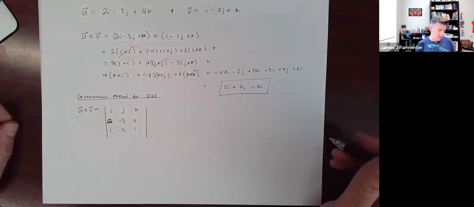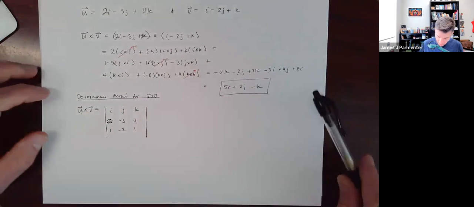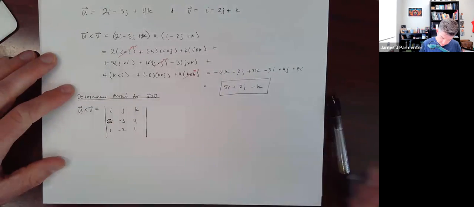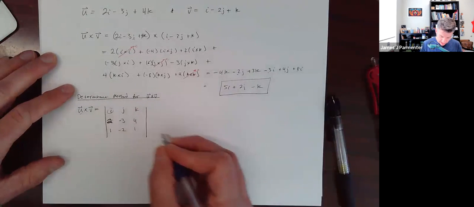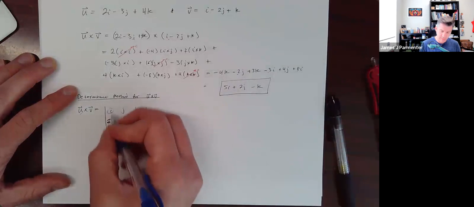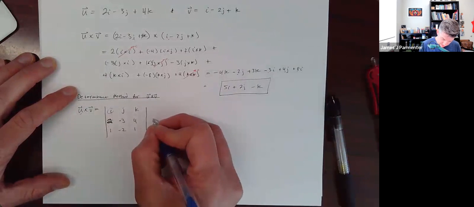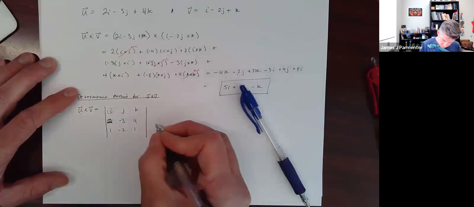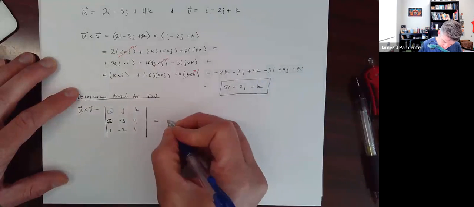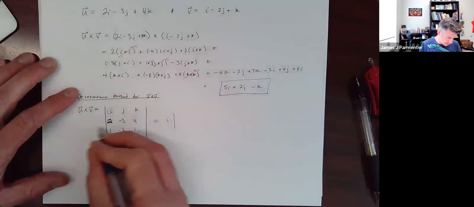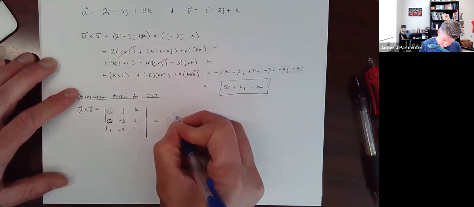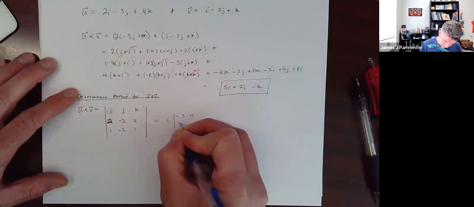One way is what's called cofactor expansion, where you look at this component, I, and you cross out the row and column it's in, and then you multiply it by the determinant of what's left. So this is going to equal I times the determinant of the remaining 2 by 2 matrix, which is -3, 4, -2, 1.